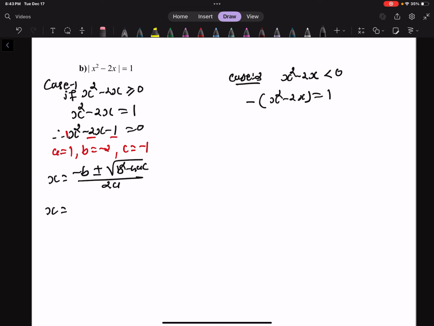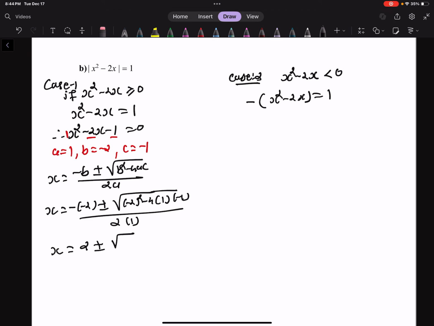Substitute all the values: negative of negative 2, plus or minus the square root of negative 2 squared minus 4 times 1 times negative 1. If you solve, it comes to 2 plus or minus the square root of 8 over 2. 8 can be simplified. So 2 plus or minus 2 root 2 over 2.